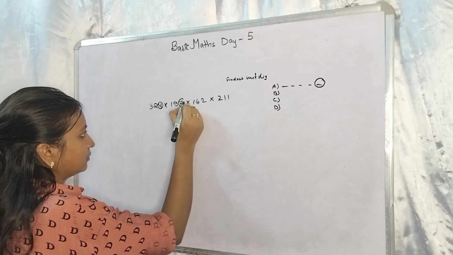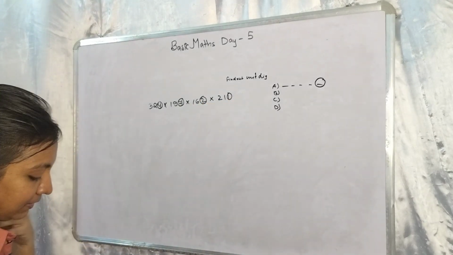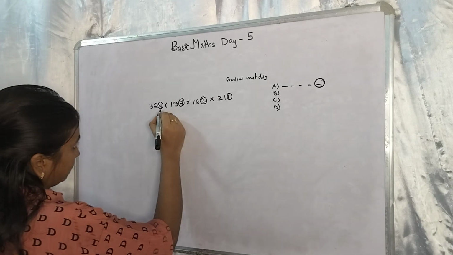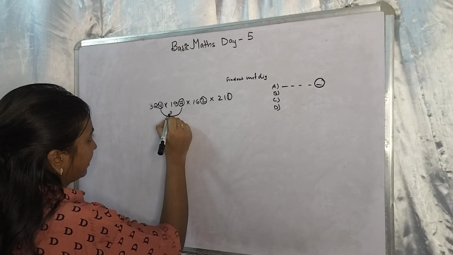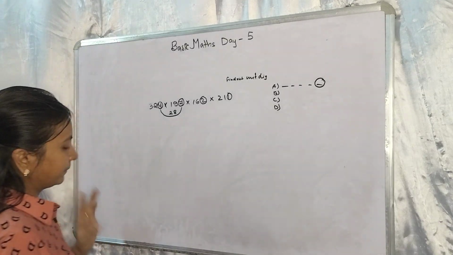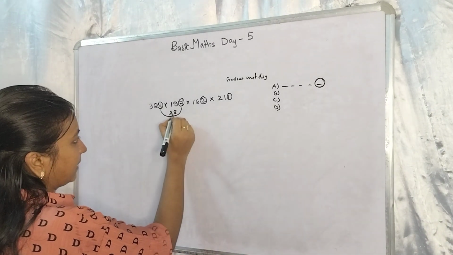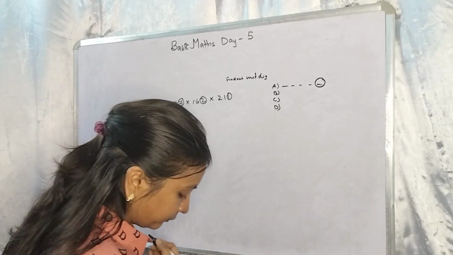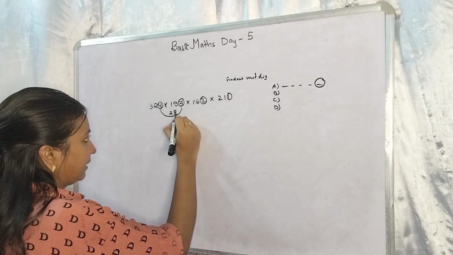You will take only 8 and multiply this 8 with 2. 8 2s are 16. So you won't take 16. You will take only 6 and multiply it by 1. 6 1s are 6. So your answer, which consists of 6, will be right.